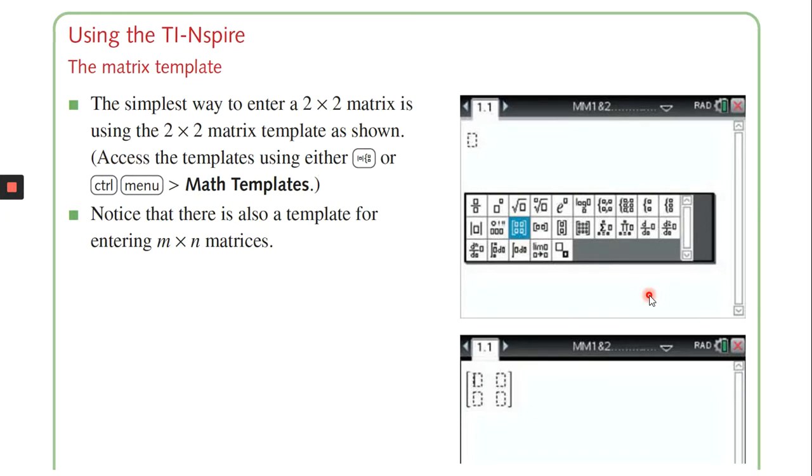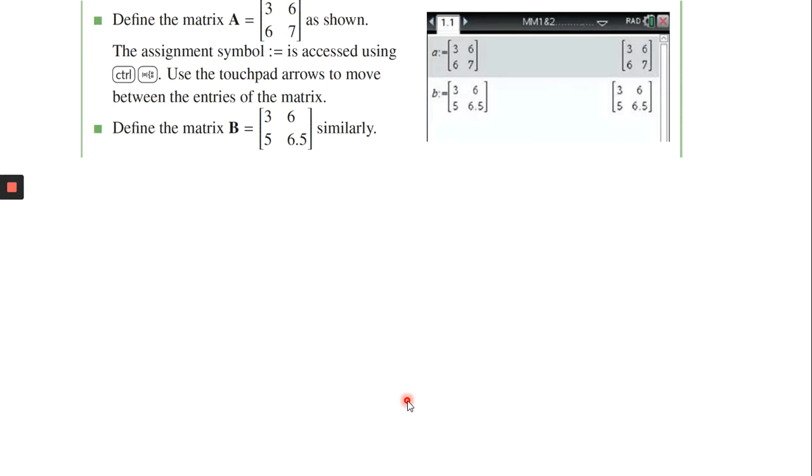We can use our calculator to do some stuff with matrices. Of course we can. If you go to the control menu, you get all of these templates come up. So there's a 2 by 2 matrix. There's a 2 by 1 matrix. Oh, there's a 3 by 3 matrix. We'll maybe save that for a while. So you get this, and then you just type in your numbers. A good way is to define them.